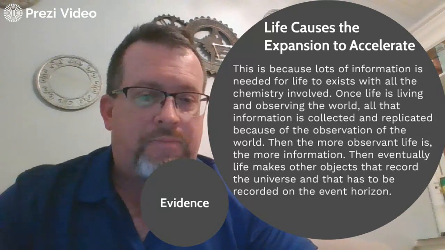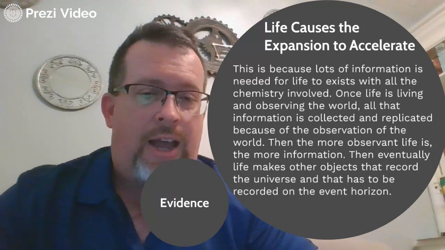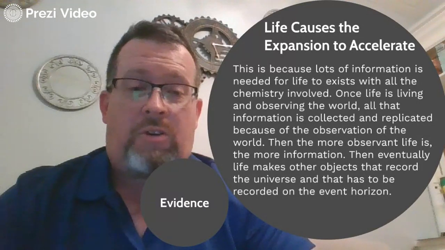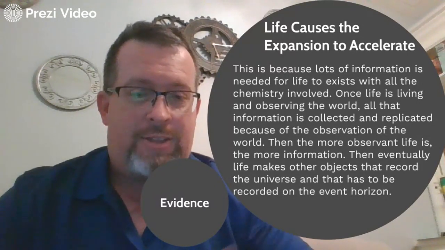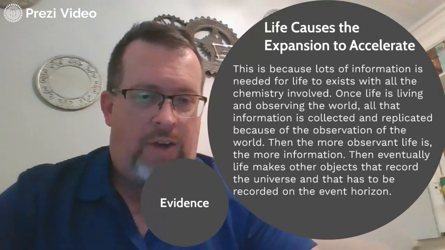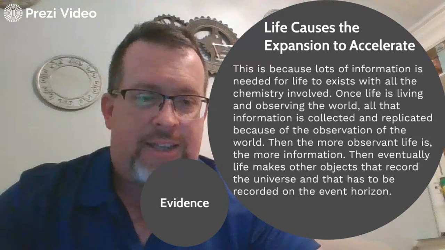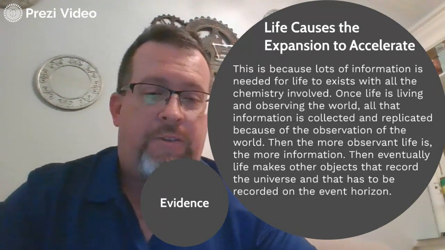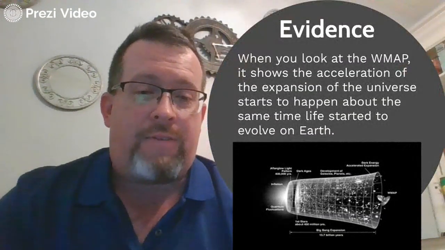Then the more observant the life gets, the more information it's going to take in. And the more of these there are, the more it's going to take in. And then eventually, humans, life, make other objects that can record the universe. And that has to be recorded on the event horizon. So it just keeps on going exponentially. All this information has to be recorded exponentially. And now you have the accelerating universe.